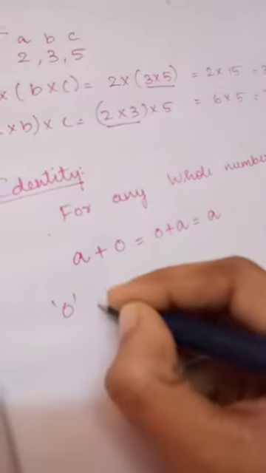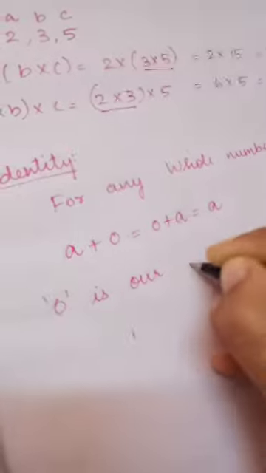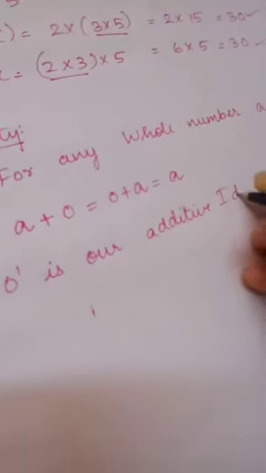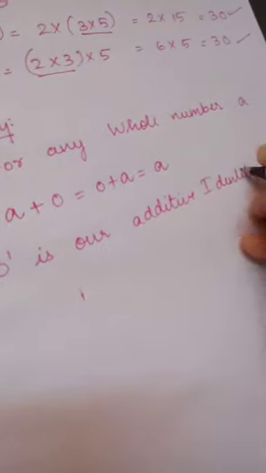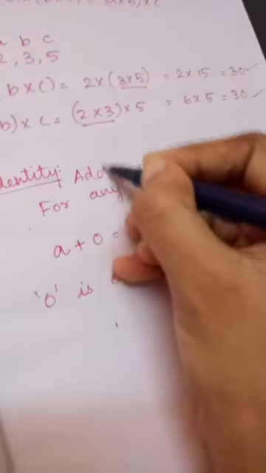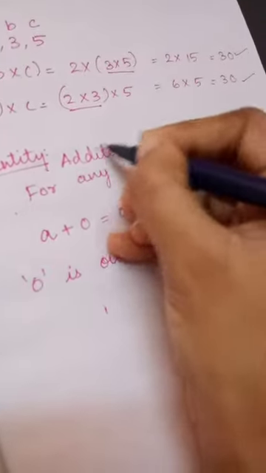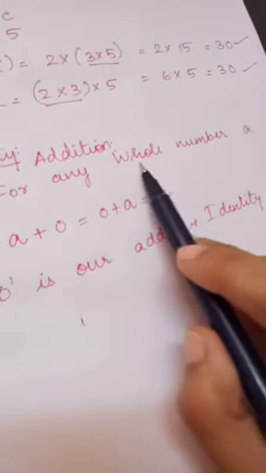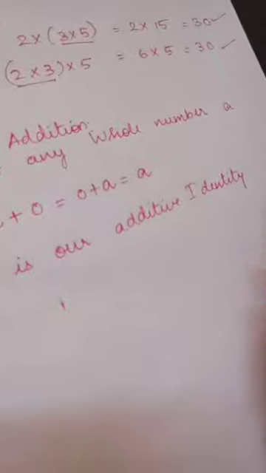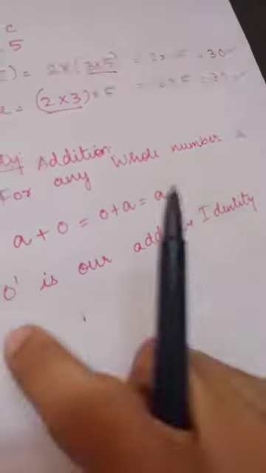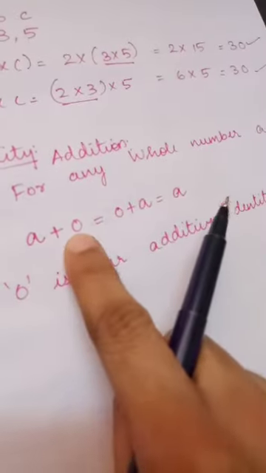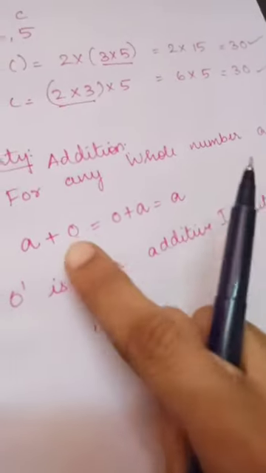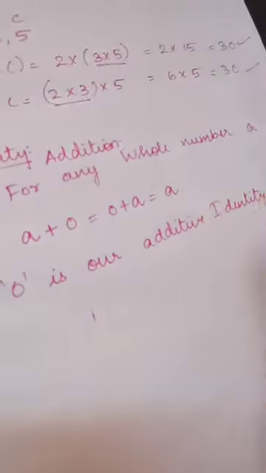Therefore, 0 is our additive identity. This is for addition. If I am adding any whole number A with 0, I will get that same whole number, then that 0 is our additive identity.